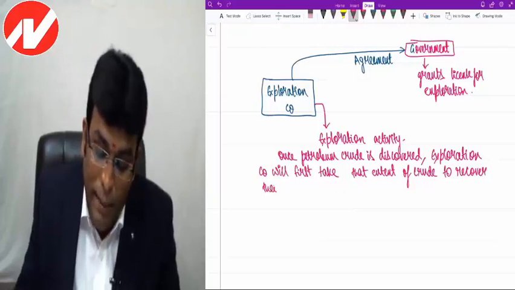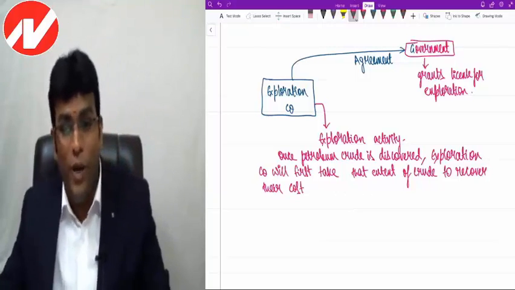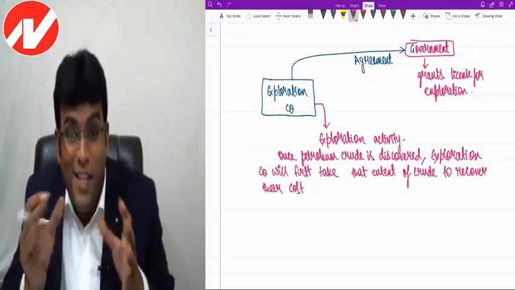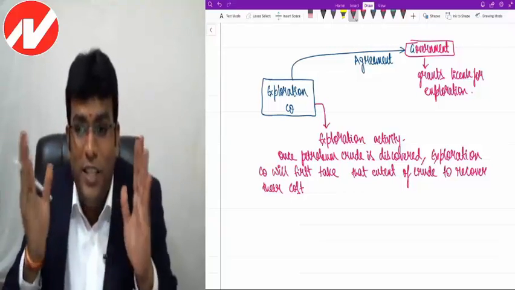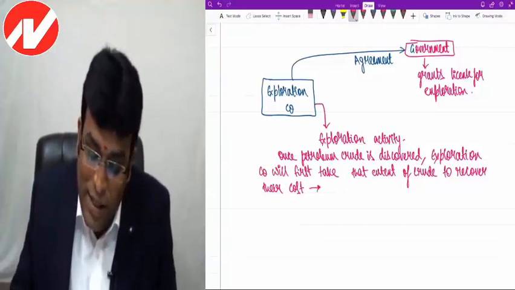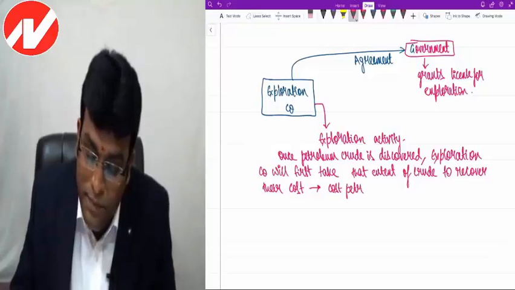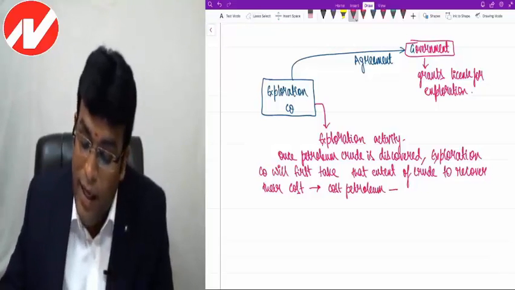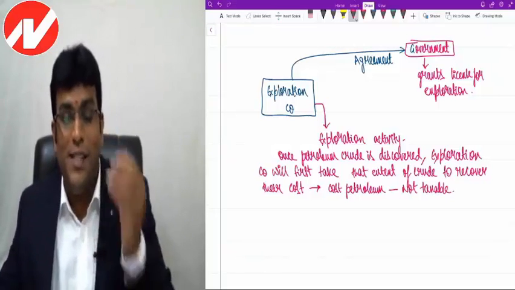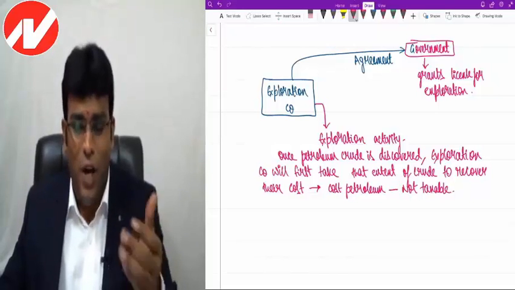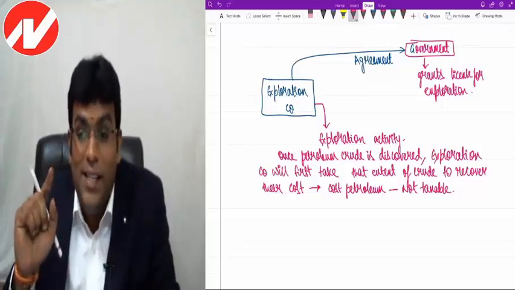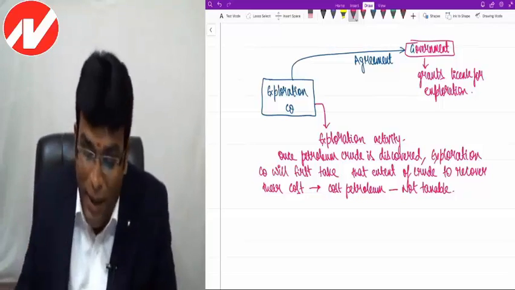I repeat one more time, my dear friends: once petroleum crude is discovered, obviously it's not invented, it is discovered, the exploration company will first take that extent of crude to recover their cost, and this is technically called cost petroleum. And it has been clearly clarified by the law that this cost petroleum is not taxable because it is not a consideration. Some cost they incur and that cost has been recovered, because the exploration company and government are acting as licensor and licensee. Clear, my dear friends?